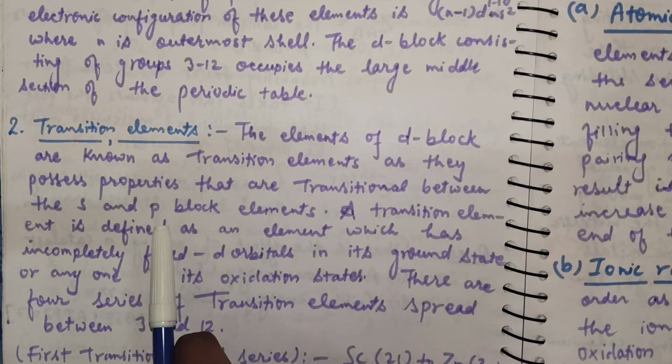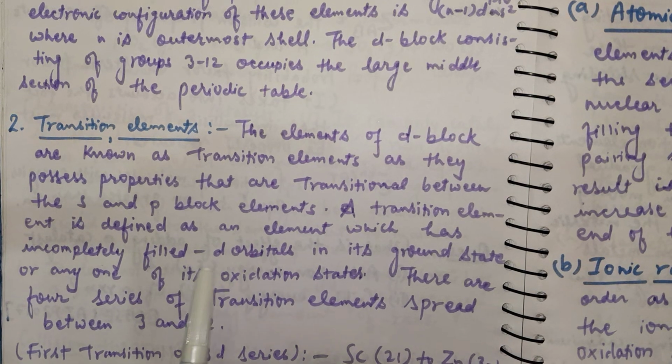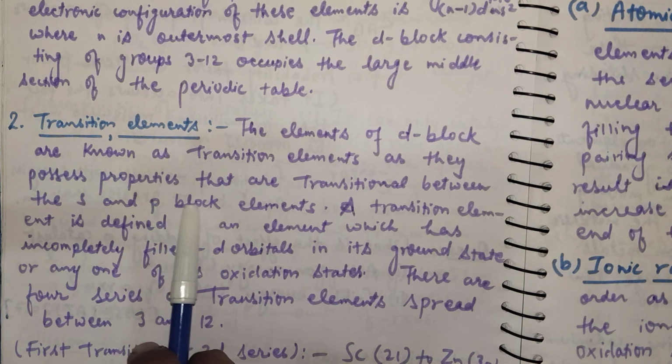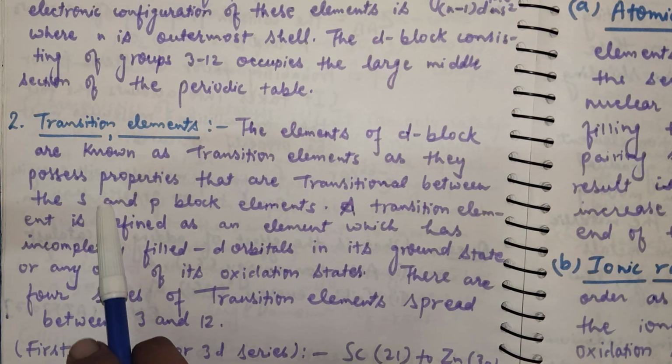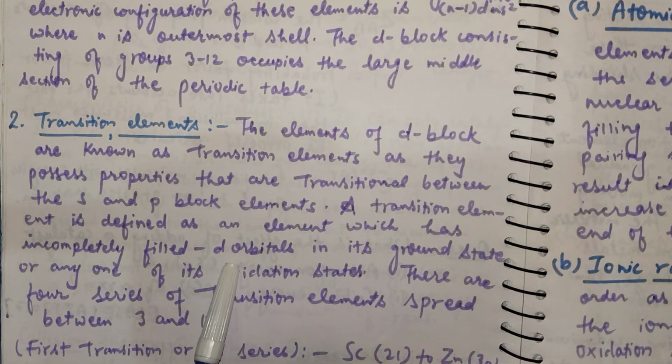A transition element is defined as an element which has an incompletely filled d orbital in its ground state or in any one of its oxidation states. These are also called transition elements because they are found between the S and P block elements.